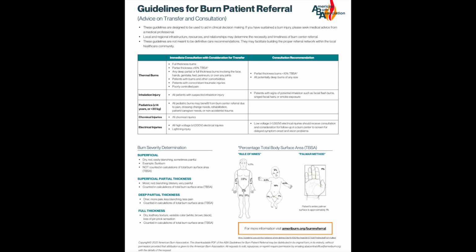So full thickness burns, partial thickness burns that are 10% or greater of the body, any deep partial or full thickness burns involving the face, hands, genitalia, feet, perineum, or over any joints, patients that have burns and other comorbidities, patients with concomitant traumatic injuries, poorly controlled pain. All of those are recommended for an immediate consultation with consideration for transferring to a burn unit.